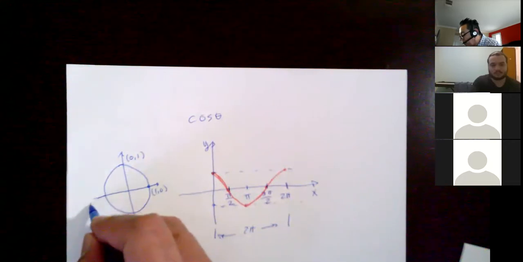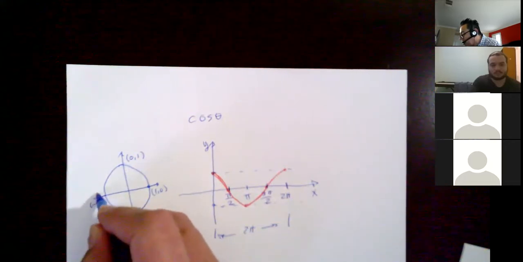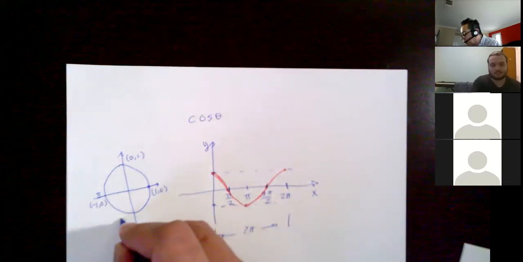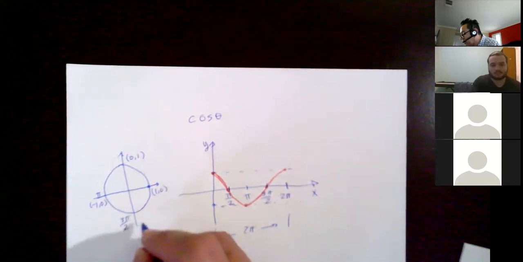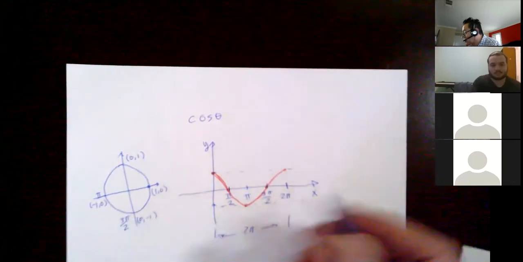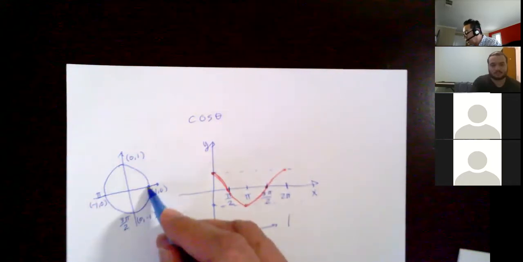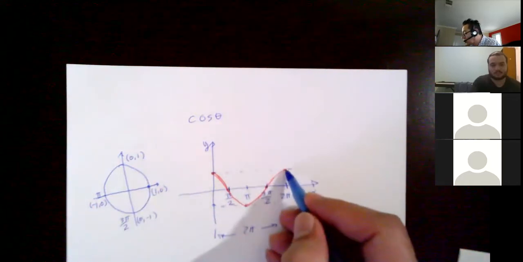At pi, the cosine is negative 1, which is right here. And at 3 pi divided by 2, the cosine is 0 again. And at 2 pi, the cosine is also equal to 1, which is right here.